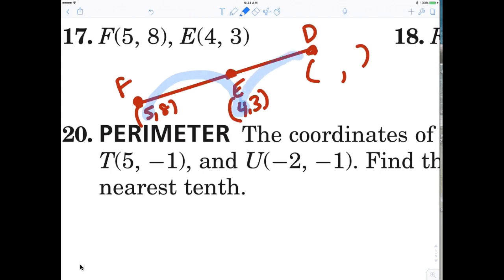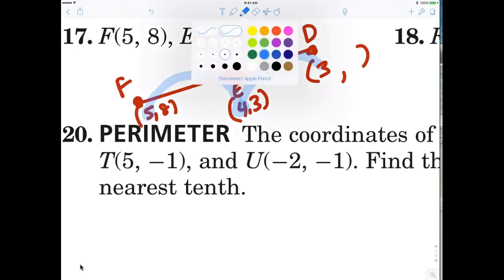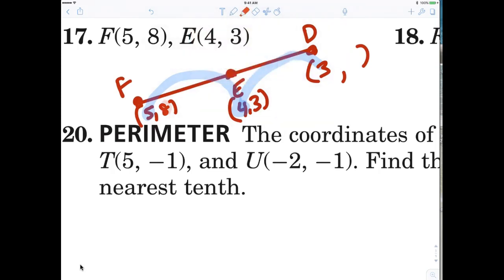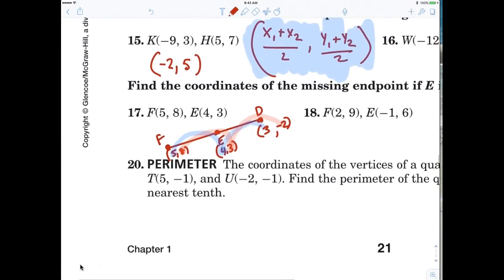To stay in the middle, I've got to move back another 1, which takes me to 3. Then I was at 8 and walked to 3, so I subtracted 5. To stay in the middle, I've got to go back another 5, which would make negative 2.